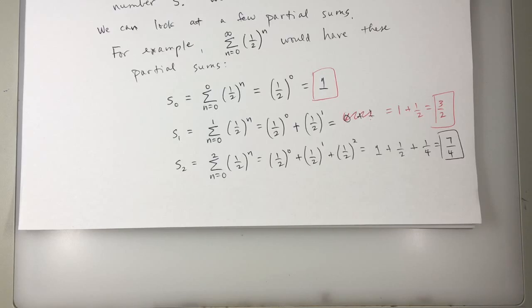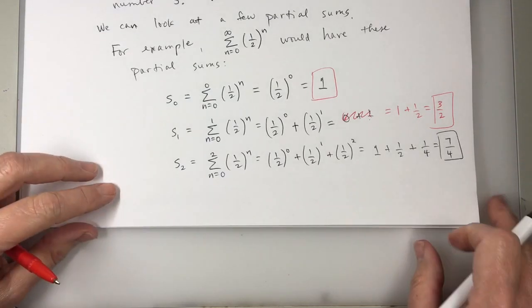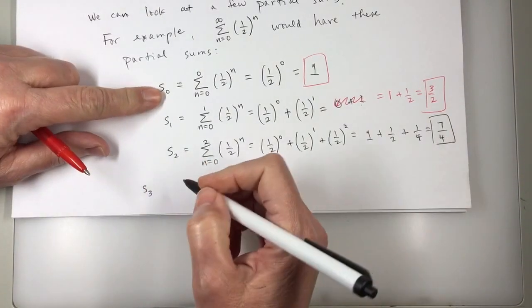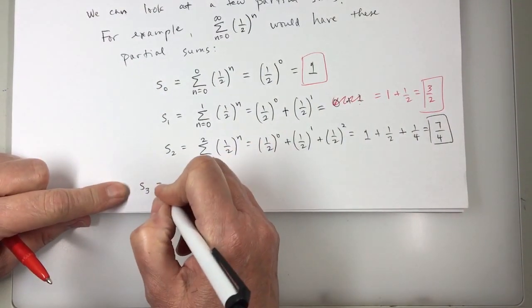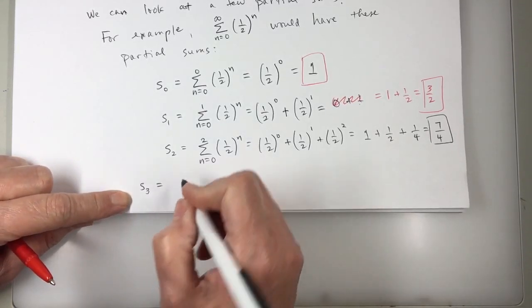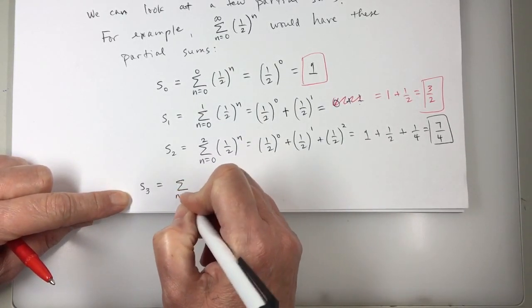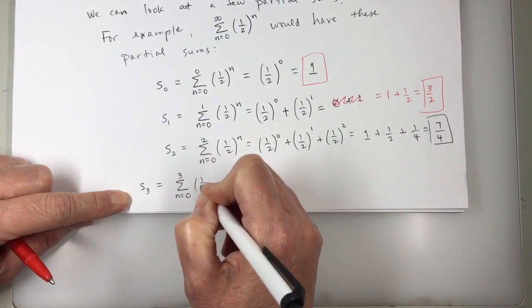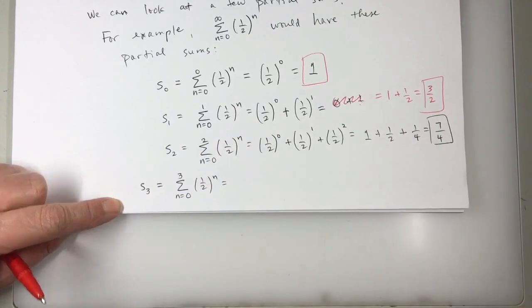How about the fourth partial sum? Or the third, rather. I'm getting a little confused because I started with 0. So S sub 3, n goes from 0 to 3 of 1/2 to the n.